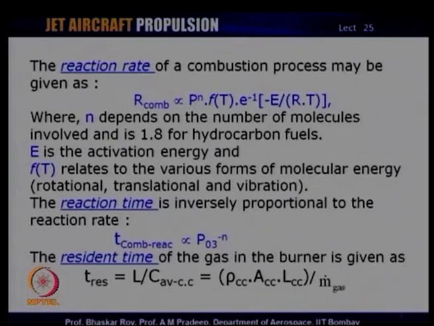Now, you see the reaction rate, the reaction time and the resident time are connected to each other. The reaction rate, as we just saw, is decided by the molecular kinetics or the reaction kinetics phenomenon.